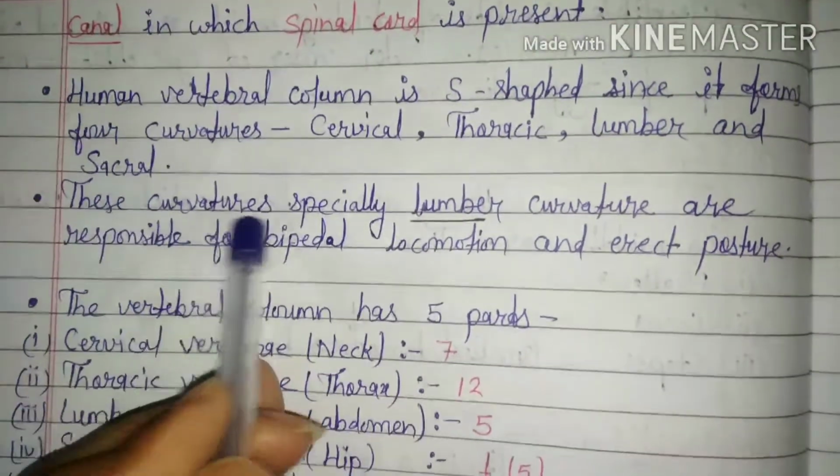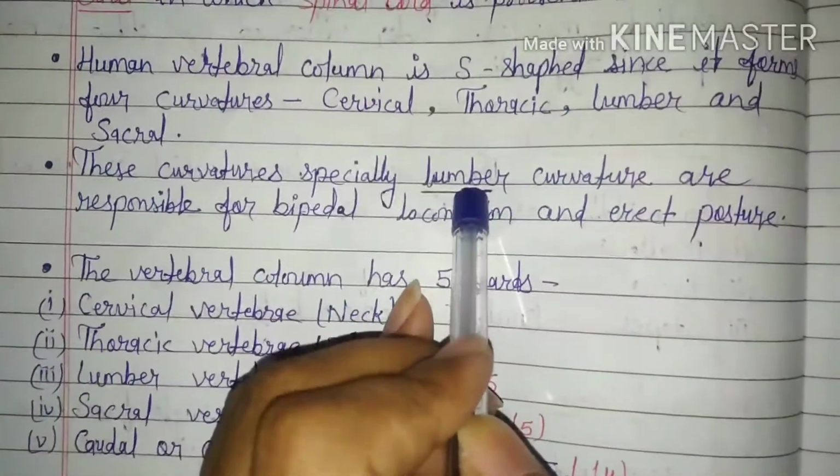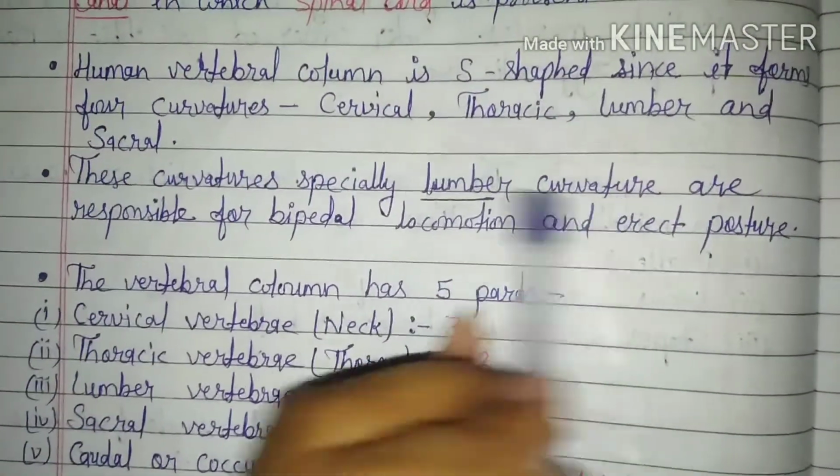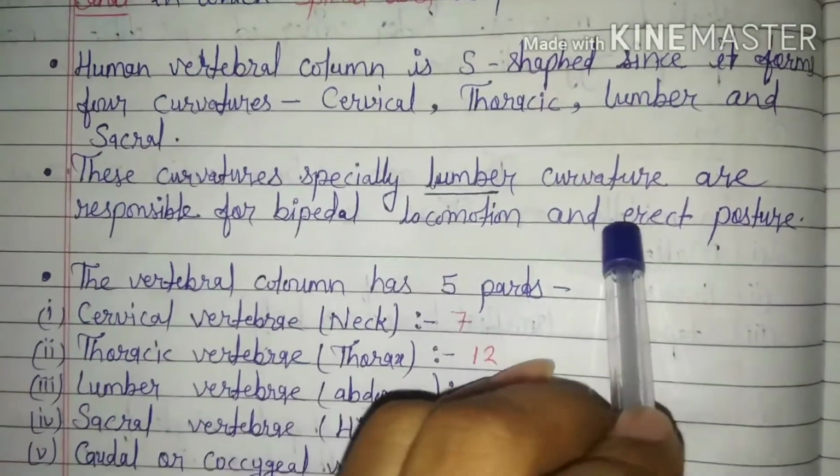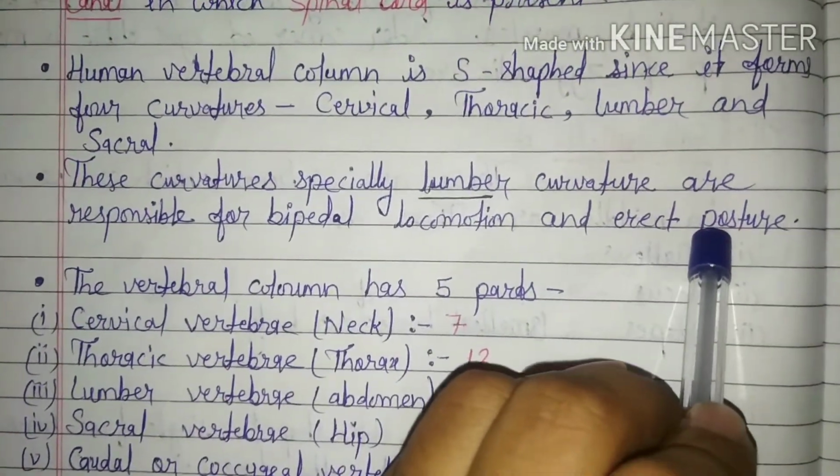These curvatures, especially lumbar curvature, are responsible for bipedal locomotion and erect posture of the human body.